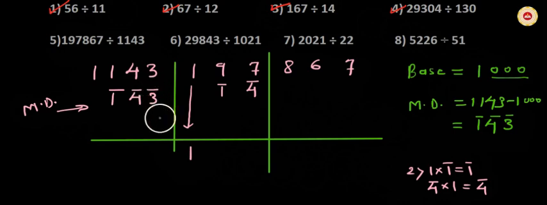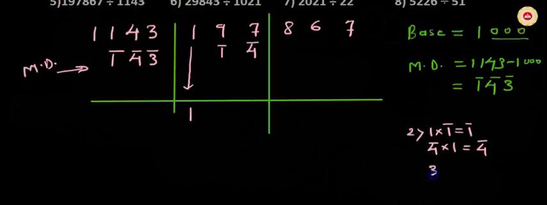So negative 3 multiplied by 1 is negative 3. Write minus 3 below fourth digit, which is 8. Now friends, add the digits in this second column only. 9 plus minus 1 is 8. Now 8 is second quotient digit.